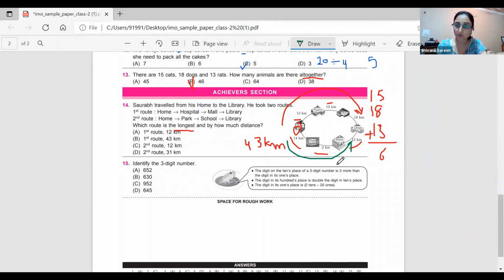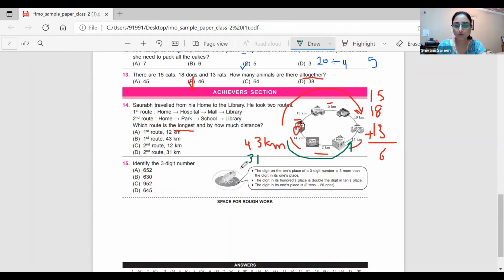Now again let's do the mental calculation. 14 plus 1 is 15. 15 plus 15 is 30, and here we had left 1. That means 15 plus 15 is 30. 30 plus 1 is 31 kilometer.